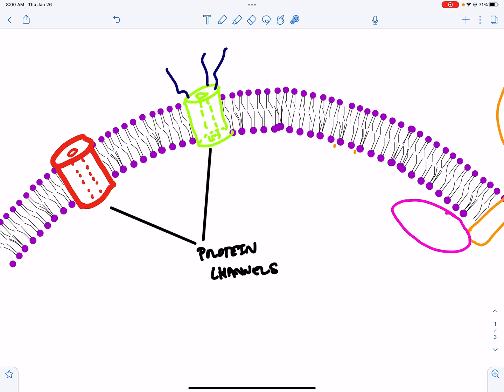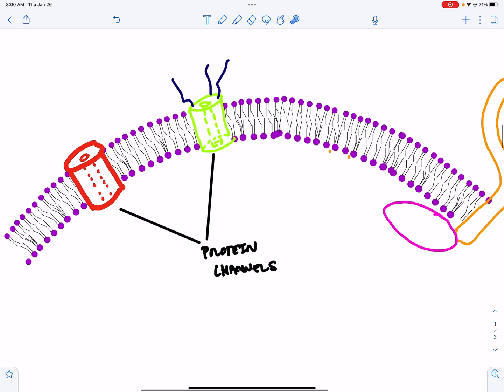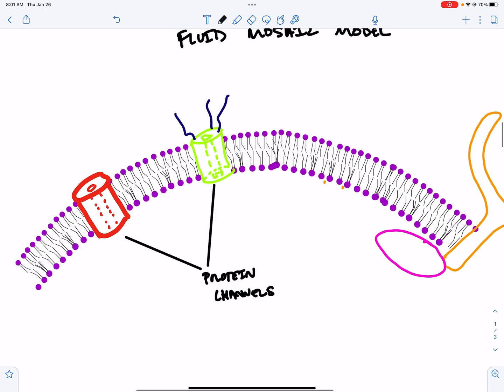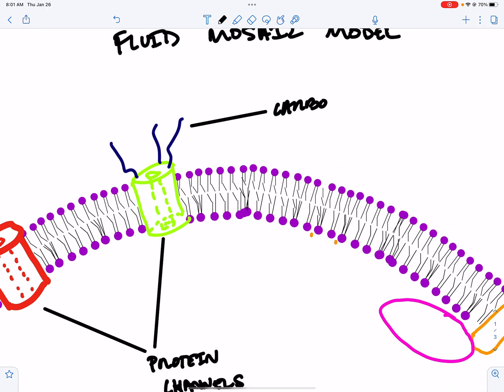So I said before, certain molecules, polar molecules, have a hard time getting through the cell membrane. So the cell can let them in by passing through a transmembrane protein, a protein that spans the membrane. Here we have some sugar, some carbohydrates, attached to this protein, and they're going to act as some sort of signal to other cells.